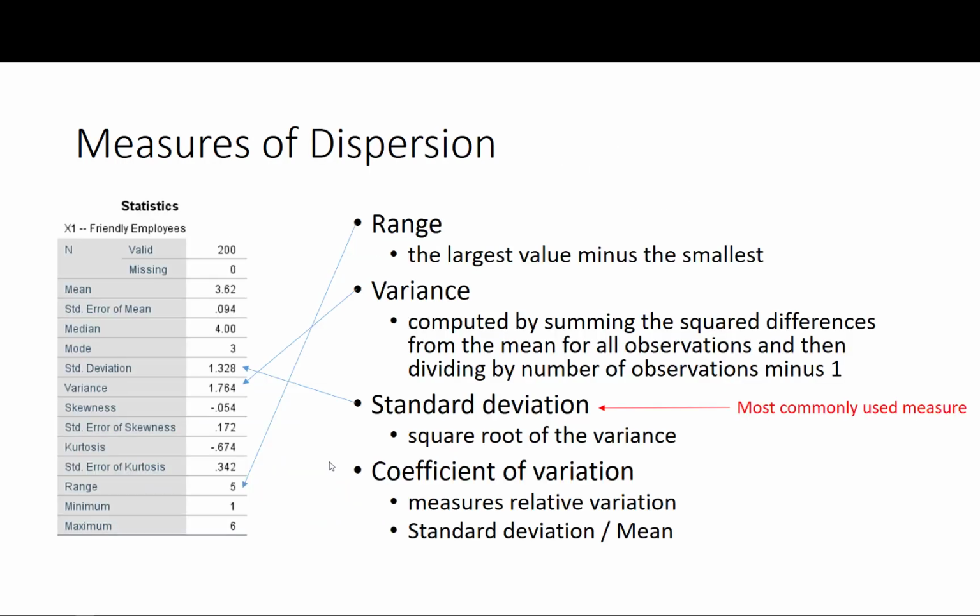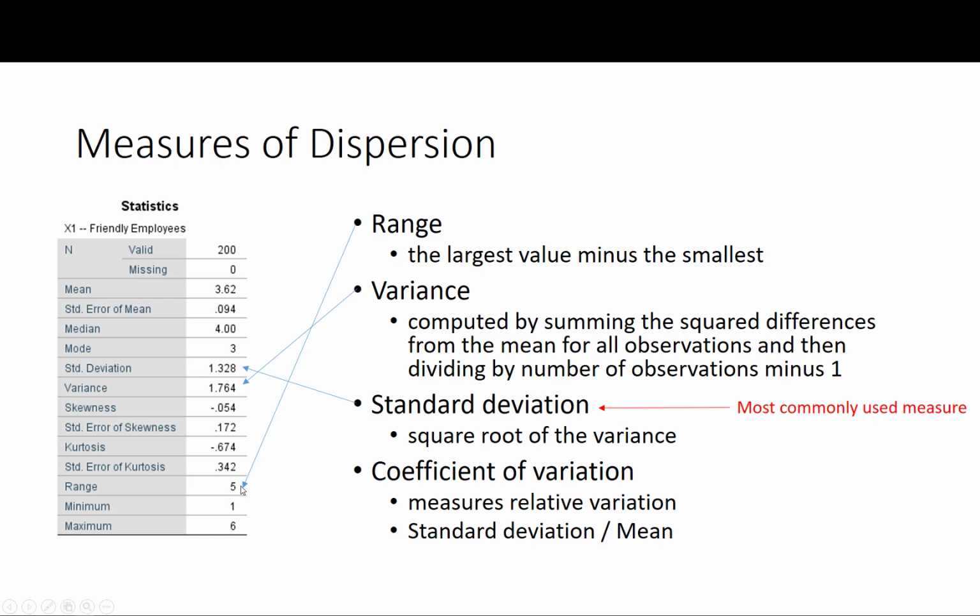So the measures of dispersion. This is how far along our scale our data is distributed. The most commonly reported measure of dispersion is the standard deviation, which is the square root of the variance. However, we do have range, which is the largest value minus the smallest.